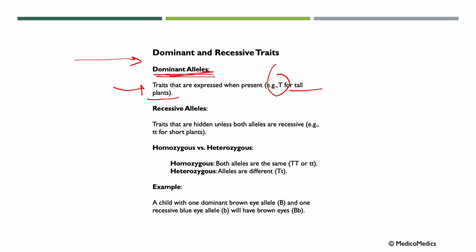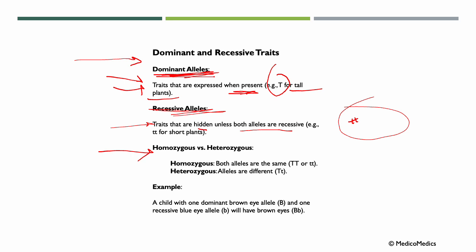If we talk about recessive alleles, these are traits that are hidden unless both alleles are recessive. So unless we have that combination of t and t, it will remain hidden.